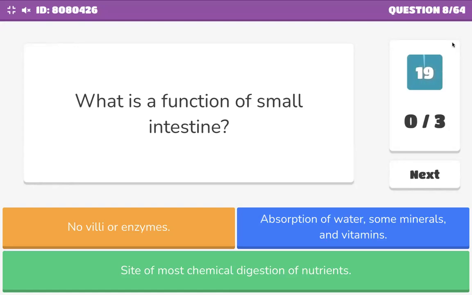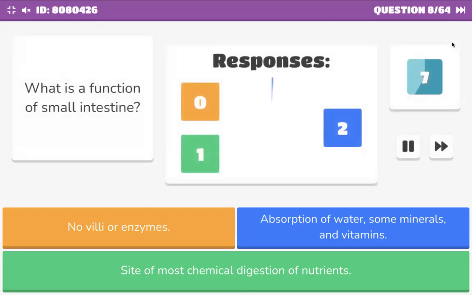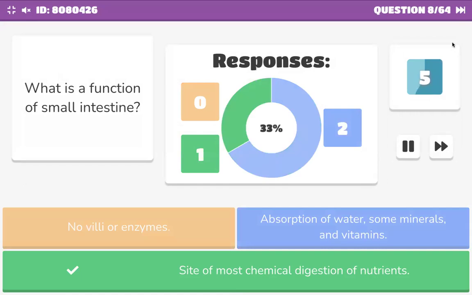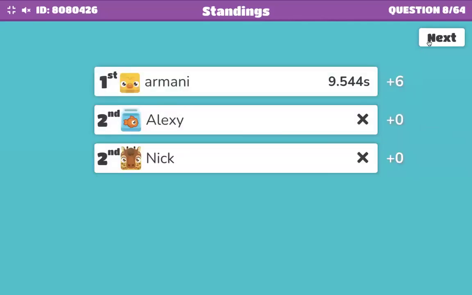What is a function of the small intestine? Yep, they're the site of most chemical digestion of nutrients. And because they have a lot of absorption happening, they have a lot of microvilli.